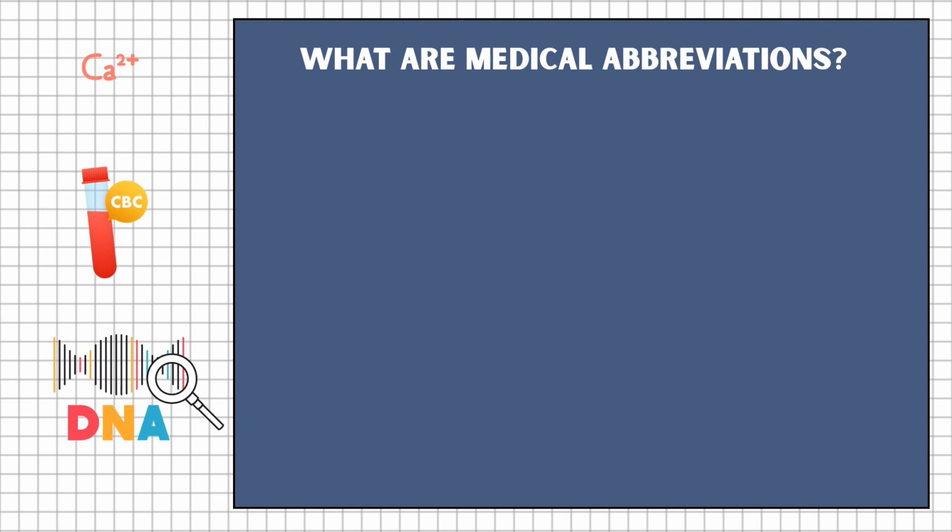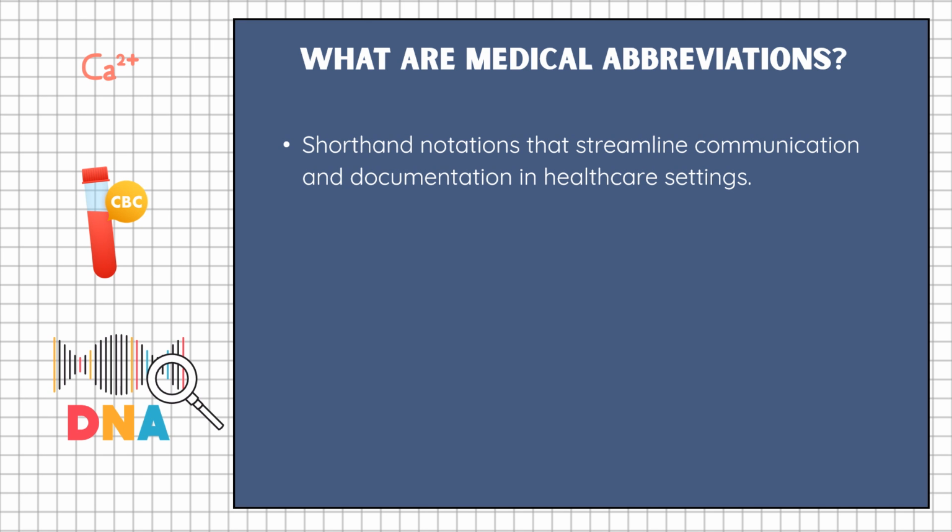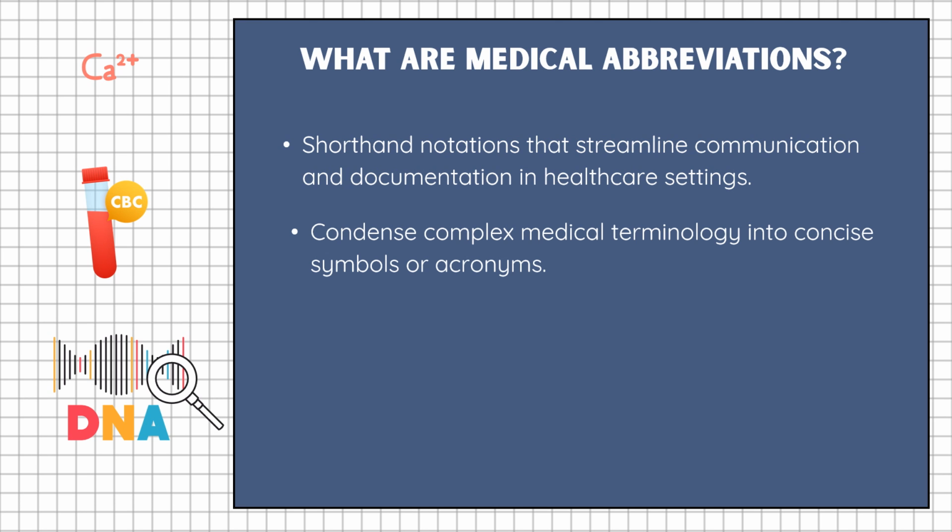Medical abbreviations are basically shorthand notations that streamline communication and documentation in healthcare settings. These medical abbreviations condense complex medical terminology into concise symbols or acronyms, such as CBC, calcium, and DNA.